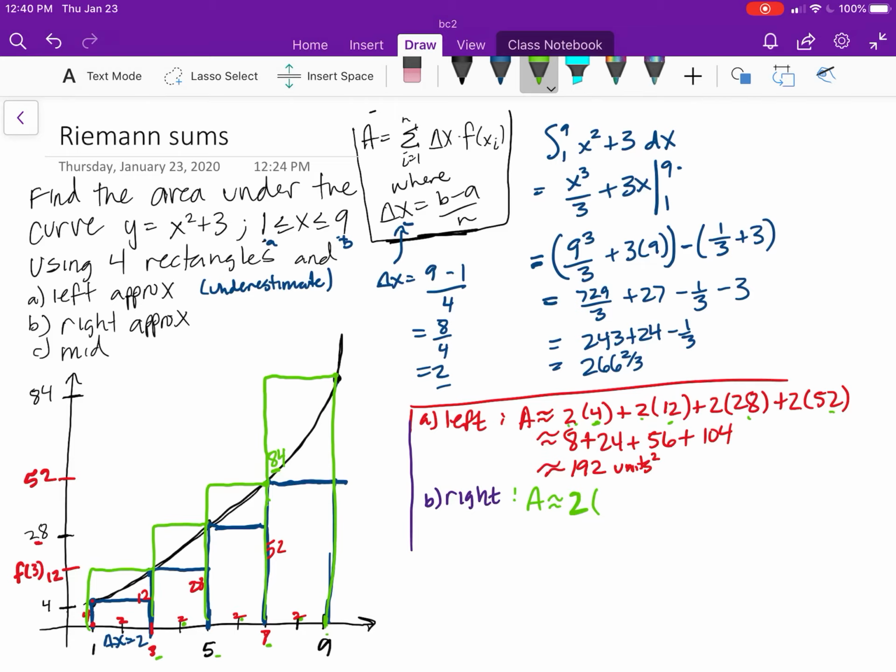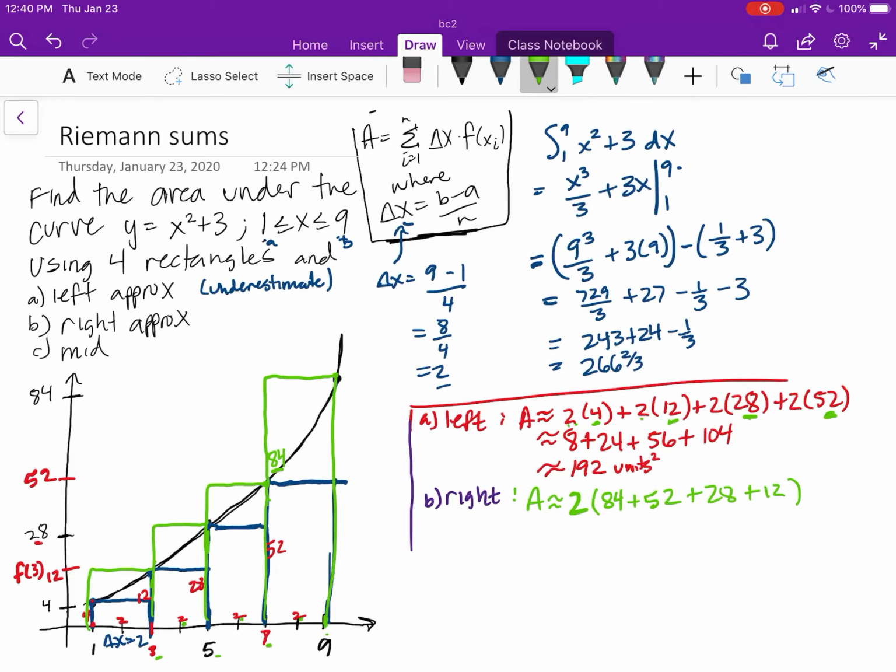So the biggest rectangle had a height of 84, plus the next one at a height of 52, the next one at a height of 28, and the last one at a height of 12. Notice 3 of them were the same from above, right?